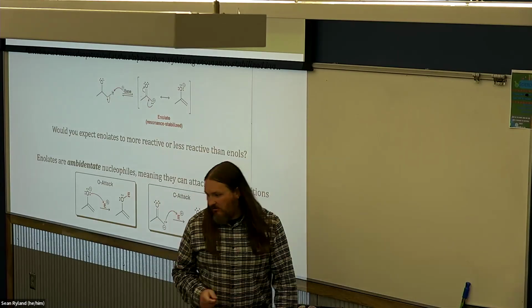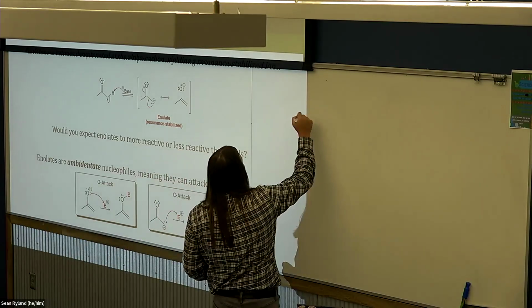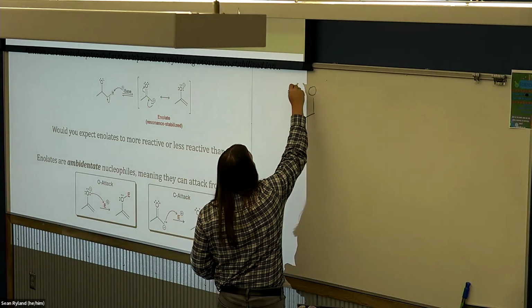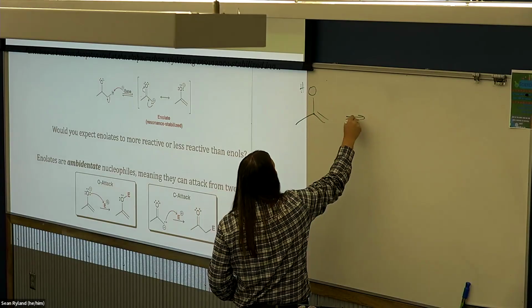Which means our resonance structures are going to look a little bit different too. Because our resonance structure for the enol looks like this.